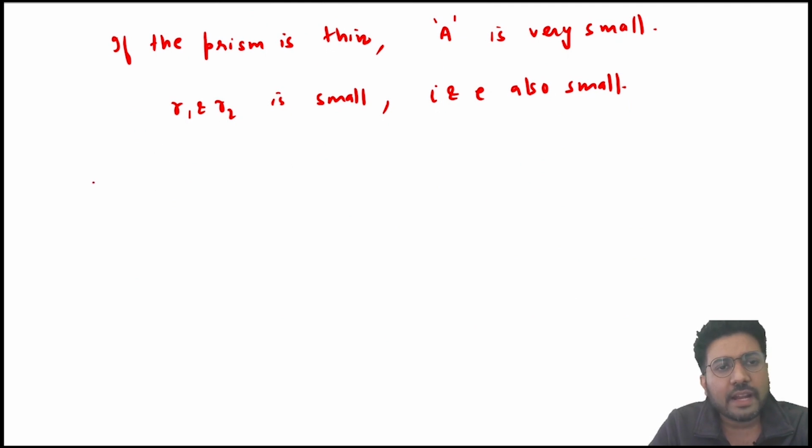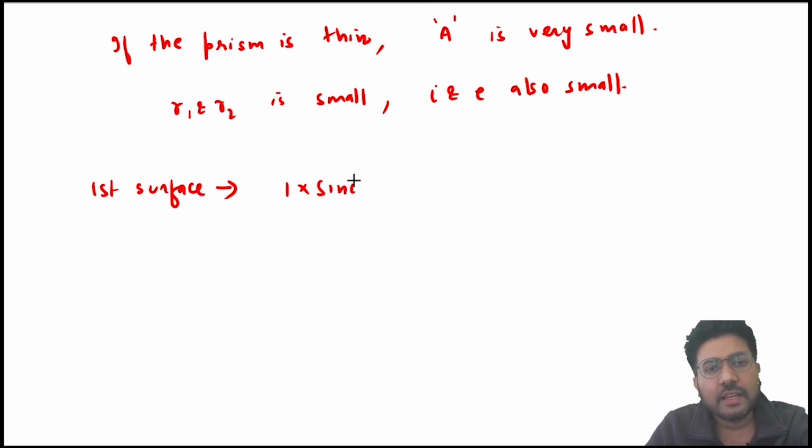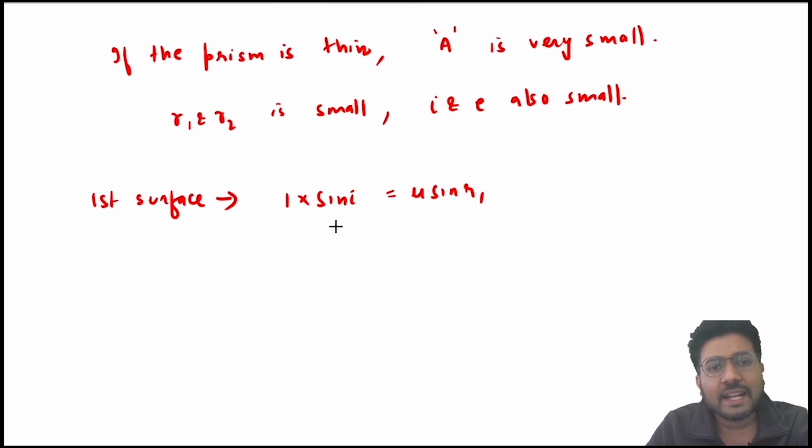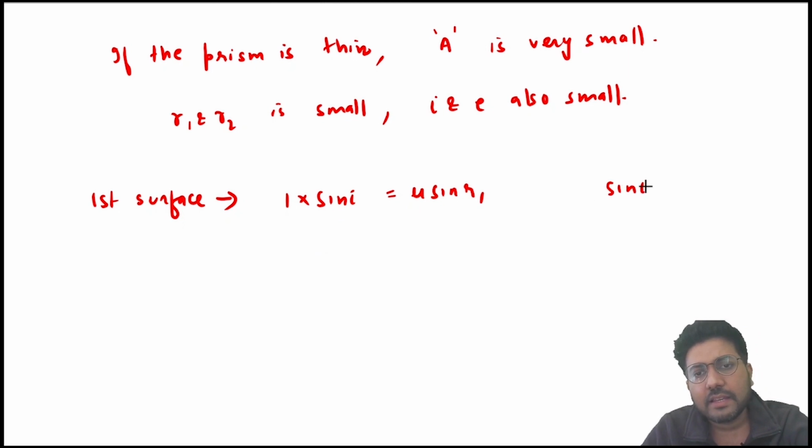So you can write the first surface Snell's law: 1 into sin i is equal to mu into sin r1. Because the angle is very small, sin i is nearly equal to i, and sin r1 is nearly equal to r1.